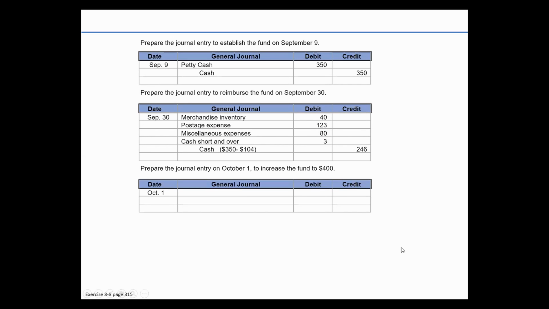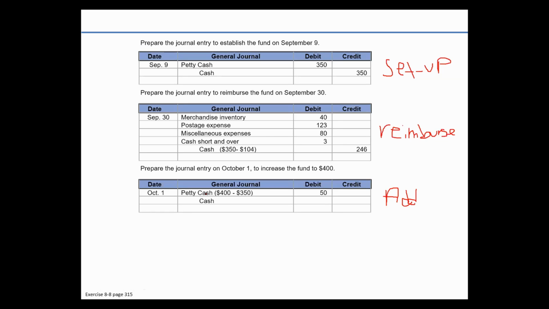And so in order to increase, so that first one sets up the petty cash fund. This one here reimburses the fund. And in this one right here, we're going to increase it.